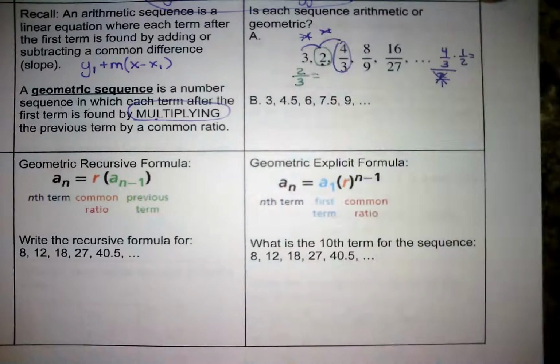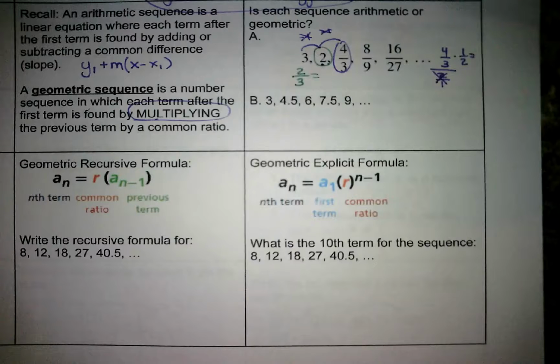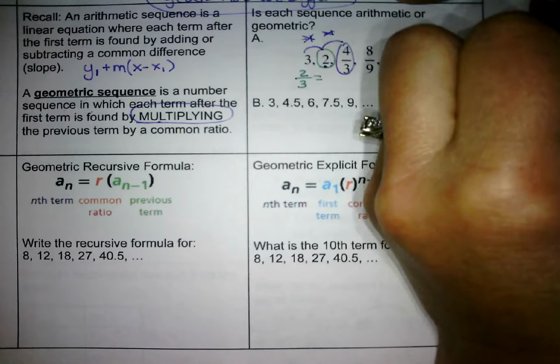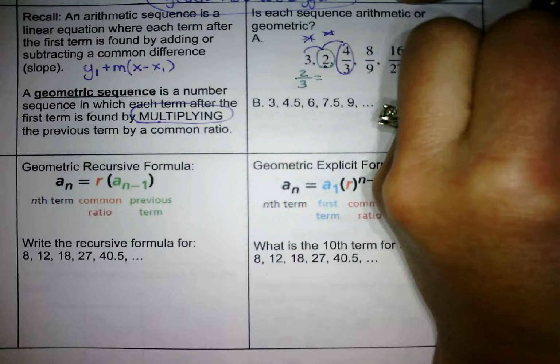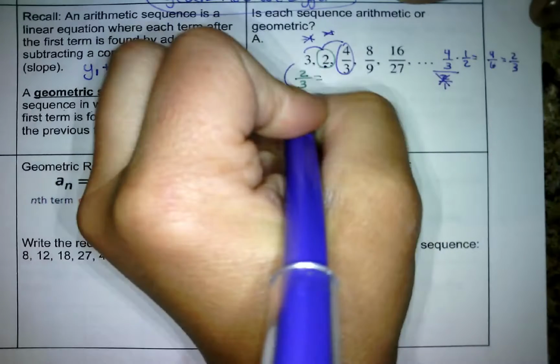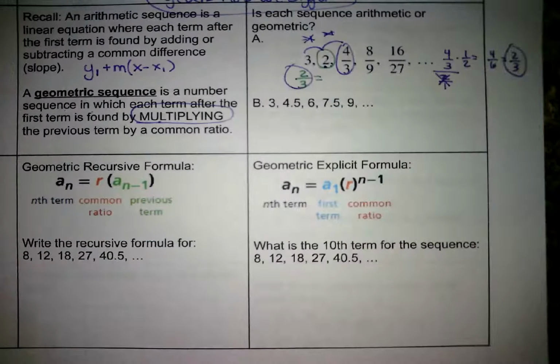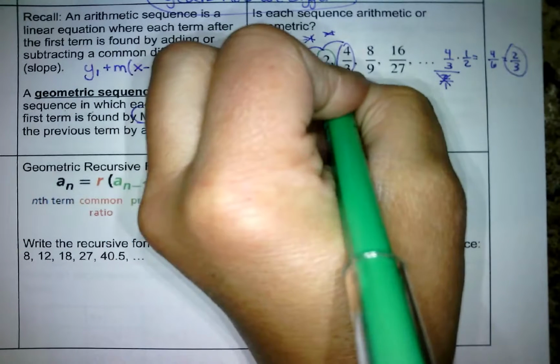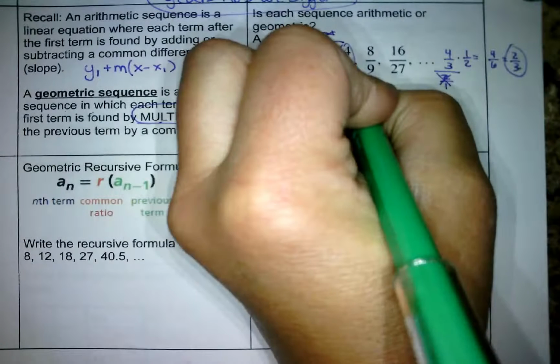We always multiply by the reciprocal. So 4 times 1 is 4. 3 times 2 is 6. And we get 2/3. Well, those two things match. So if we multiply 3 times 2/3, if we multiply 2 times 2/3, we get 4/3.